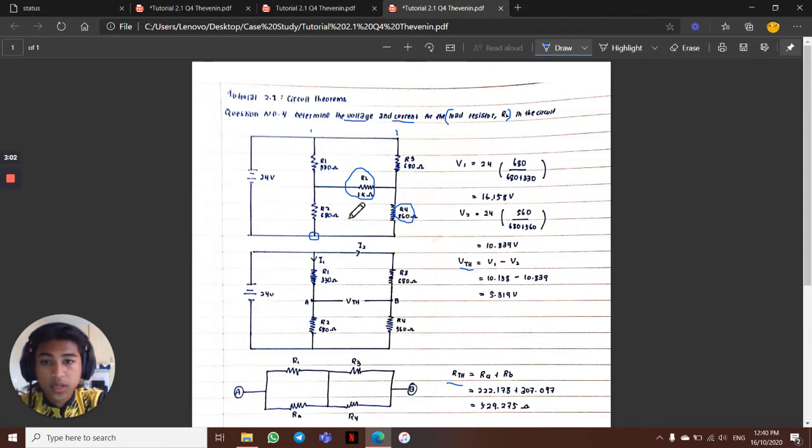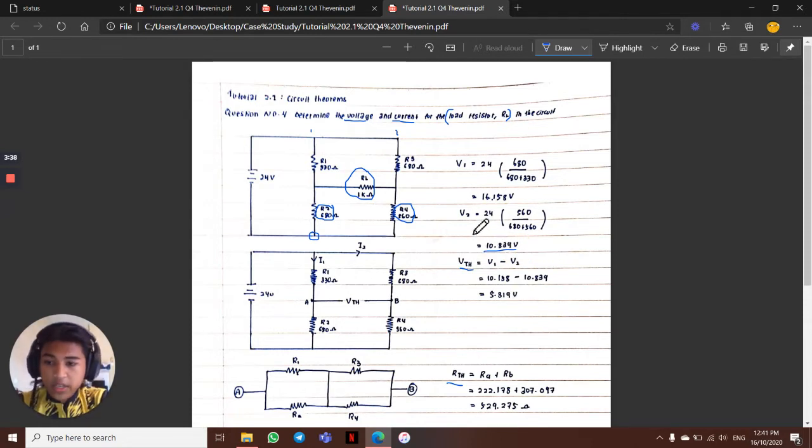You must put first at the upper divider the resistor at the end of the terminal. So R4 is 560 divided by 680 from R3 plus the R4 560 ohm, and we'll get V2, which is the voltage that comes out from terminal 2, 10.839 volt.